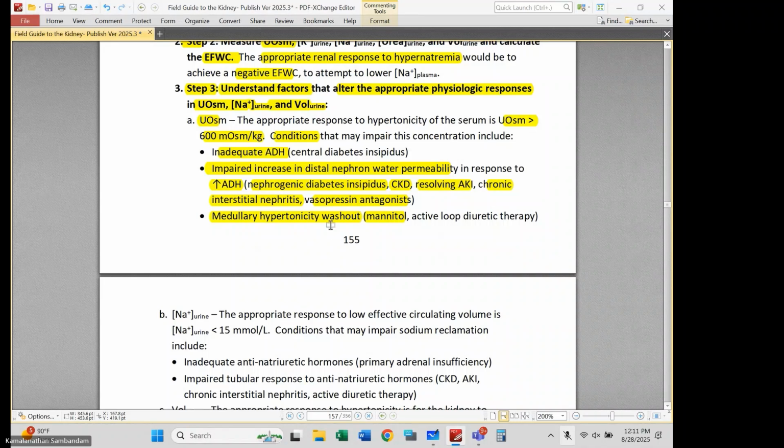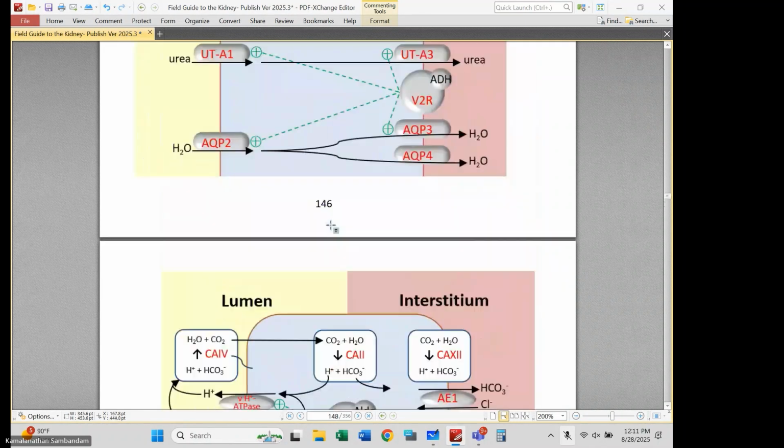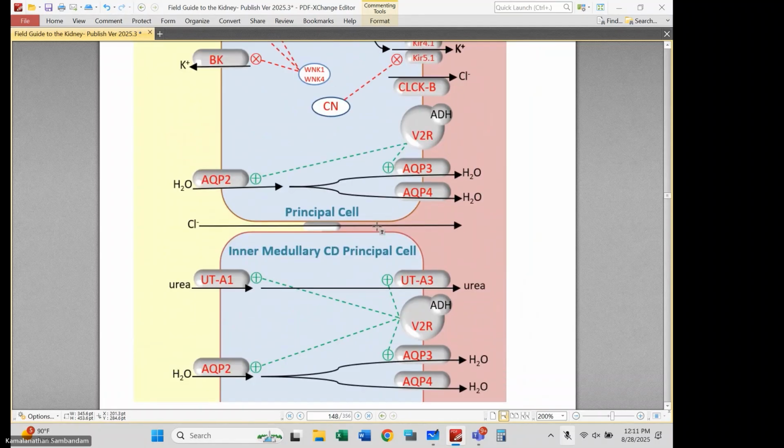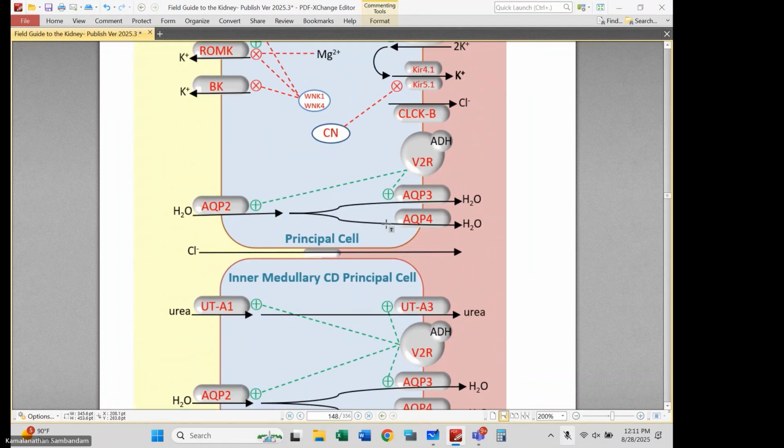We talked about another, remember? So going back to this figure, the number of osmotically active particles influences water reclamation, right? If you have lots of osmotically active particles here, few here, water moves from higher concentration to lower concentration.